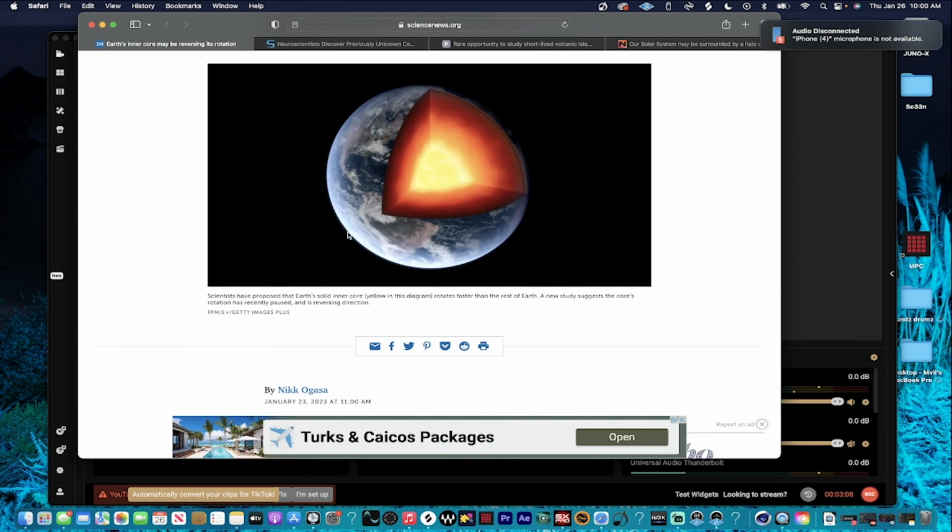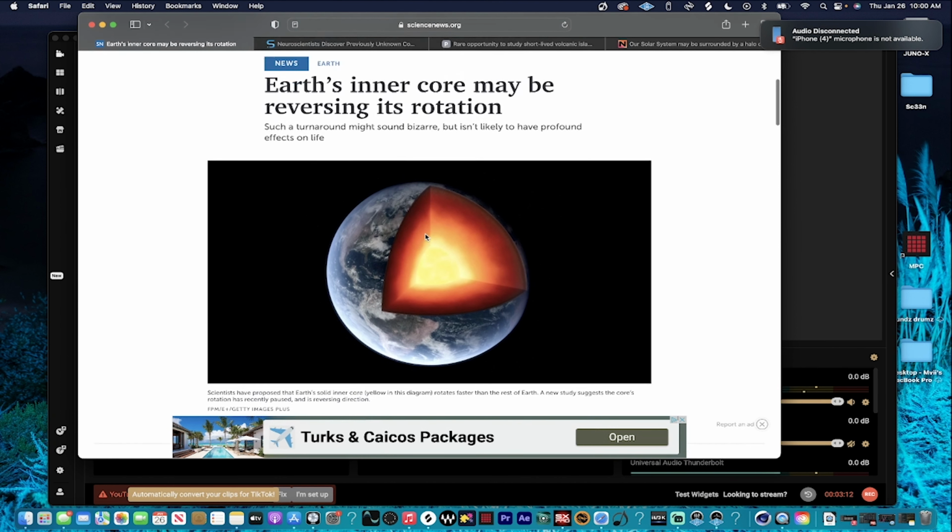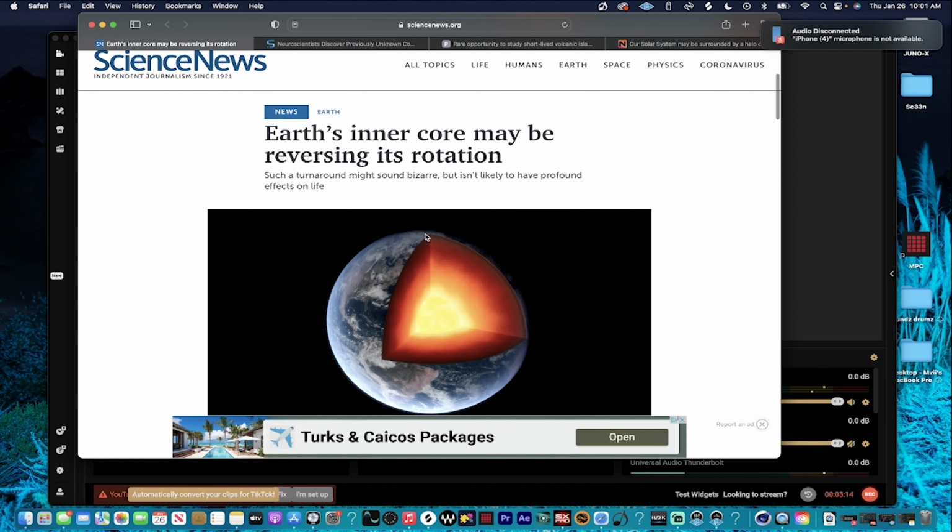Oh my bad. This is a very interesting object, to say the least. But again, the inner core, from what I've read, I don't believe it's finna stop and turn the other way. And if it does, then somebody lied. That's all.